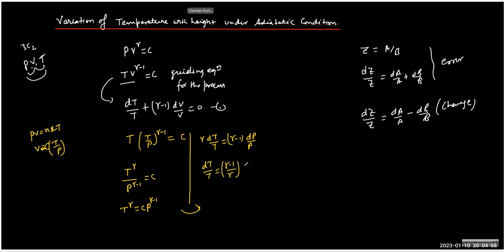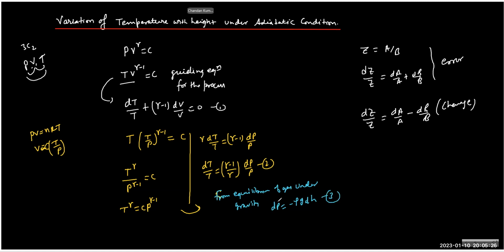And dP, how much did we get? I have to write that equation. First of all, this. And then from laws of motion, from equilibrium of gas under gravity, the dP was minus rho g dH, right?